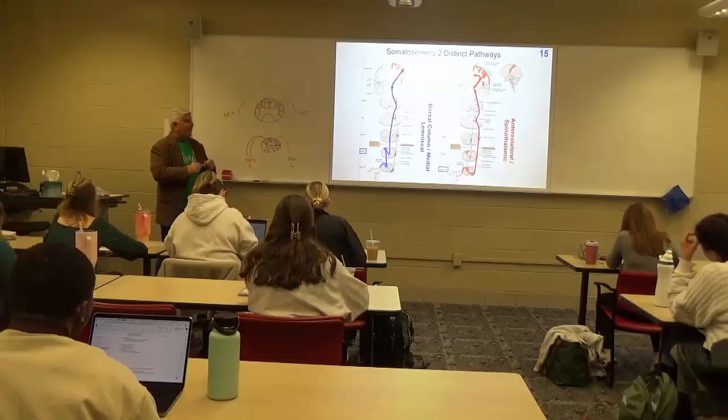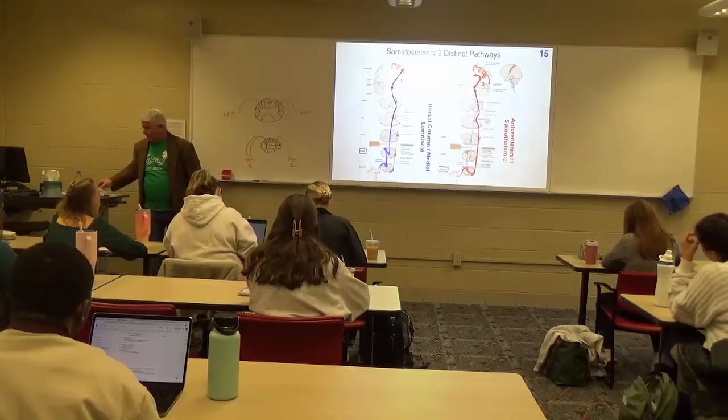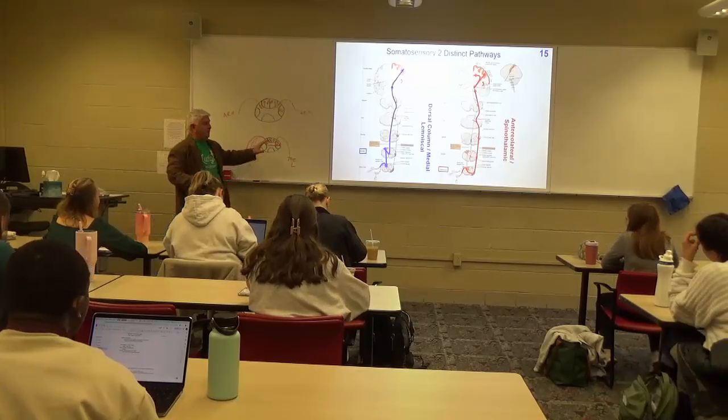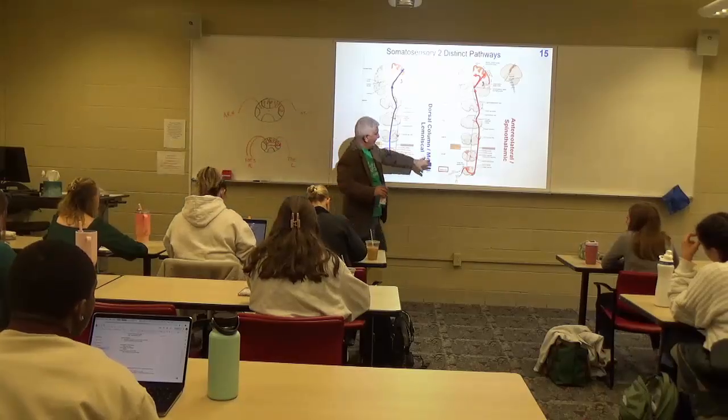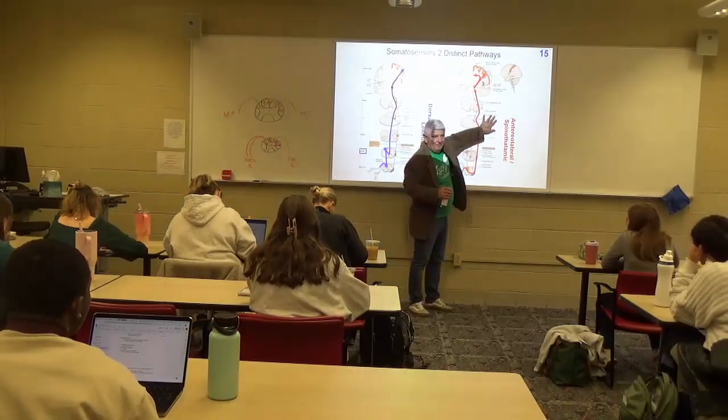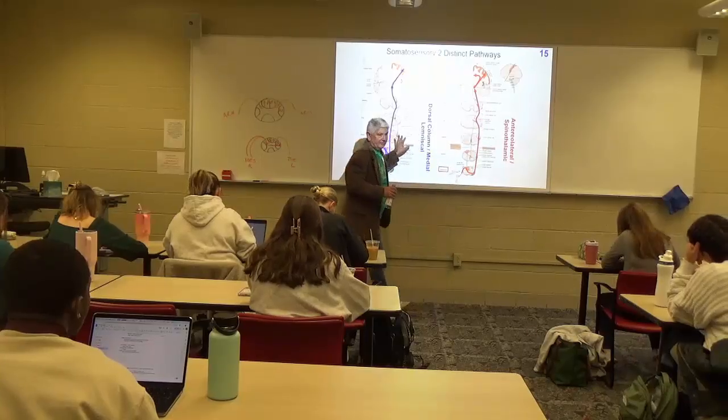It crosses there and stays contralateral. This is our temperature and pain pathway. So we have a separate temperature and pain pathway from our mechanosensory pathways.